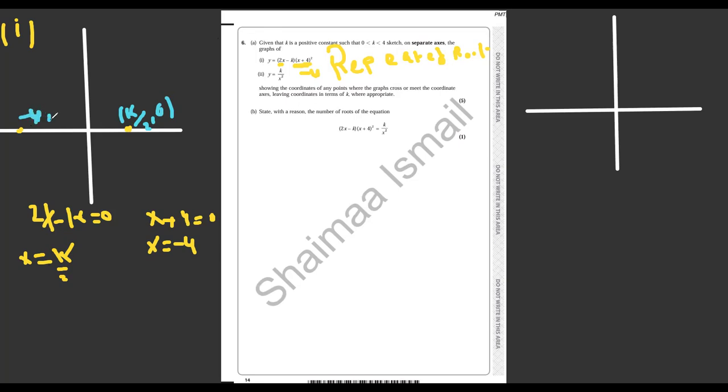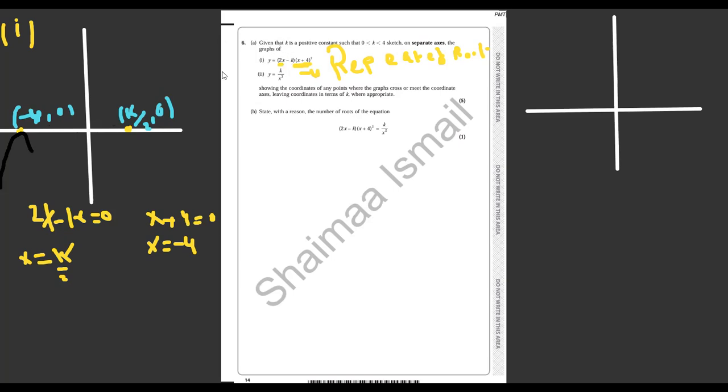Okay, and here it will be increasing like this. Then we have the y-intercept, where we have to make the x equal to 0.